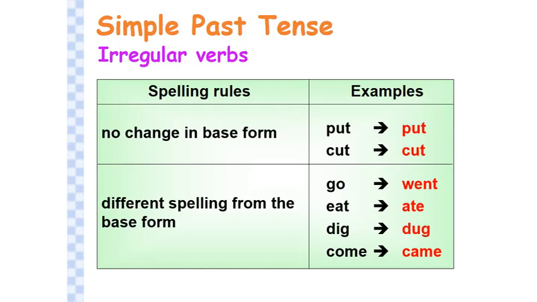I want to change it into the second form. I'm not going to add any word to turn it into a second form. Instead, I have to change the spellings. For example, go, went. Same is the case with eat, ate, dig, dug, come, came.